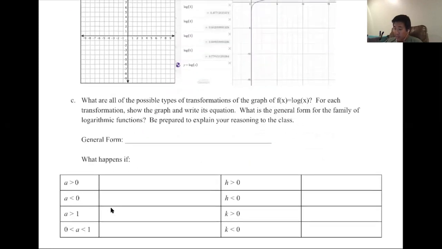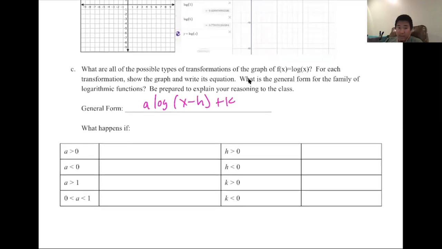What are the possible transformations for the graph? You have a log(x minus h) plus k. If a is a vertical stretch, this is a vertical compression.